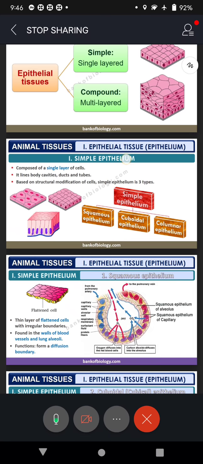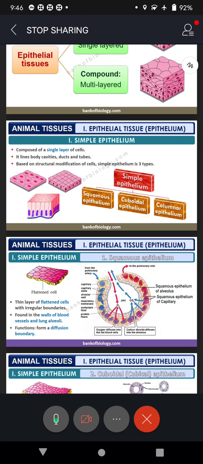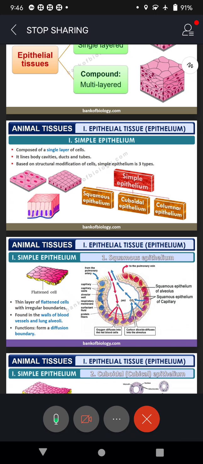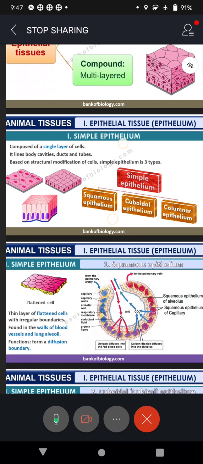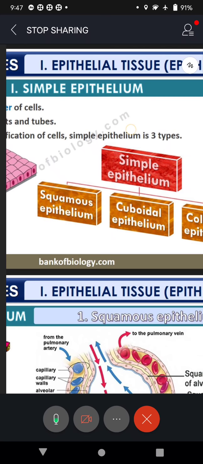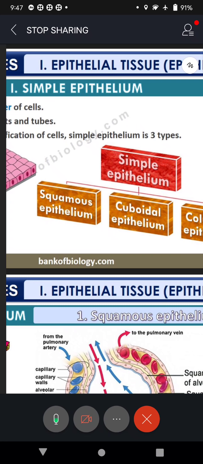Now, going ahead with simple epithelium, it is composed of one layer of cell only, as you are seeing, and it lines body cavities, ducts and tubes, right? That means we have got in our body, as all of you know, coelom. We said true coelomic animals, body cavity, and we have a lot of ducts, and of course many tubes are there, including in our digestive system.